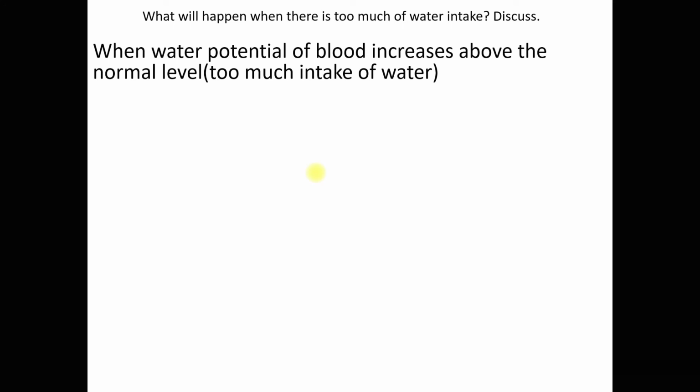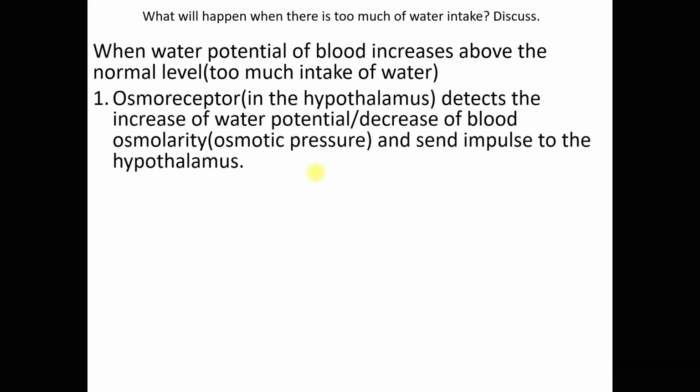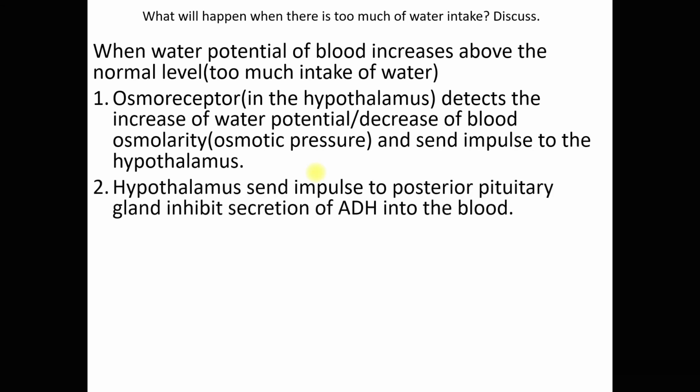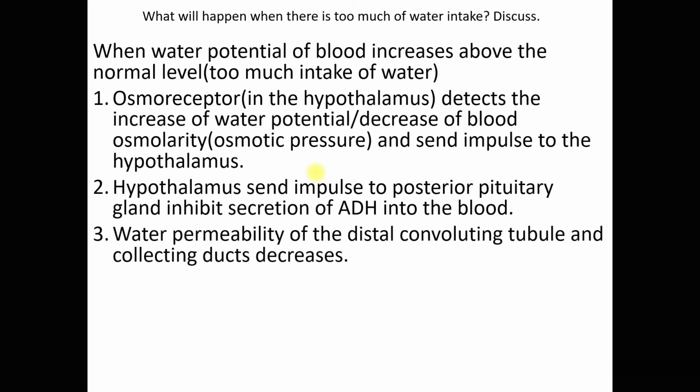So when there is too much water intake, it means the water potential of blood will increase above the normal level. The osmoreceptor in the hypothalamus detects the increase of the water potential and sends impulses to the posterior pituitary gland to inhibit secretion of ADH into the blood. So when there is a lack of ADH in the blood, what happens? There is no binding of ADH with the ADH receptor in the distal convoluted tubules as well as in the collecting duct.